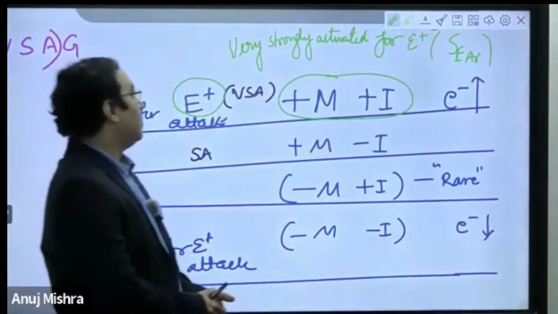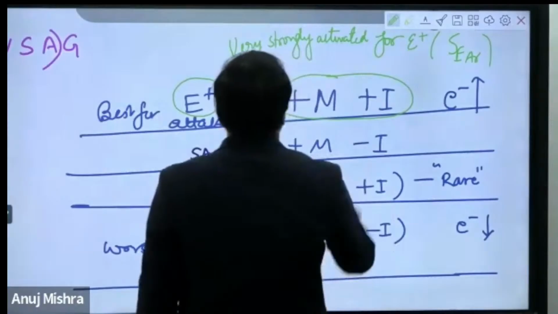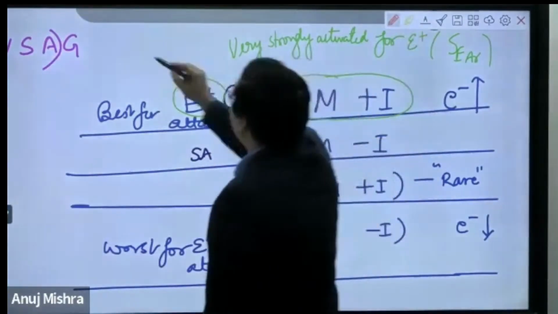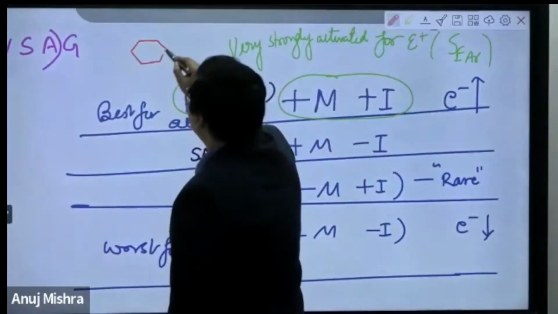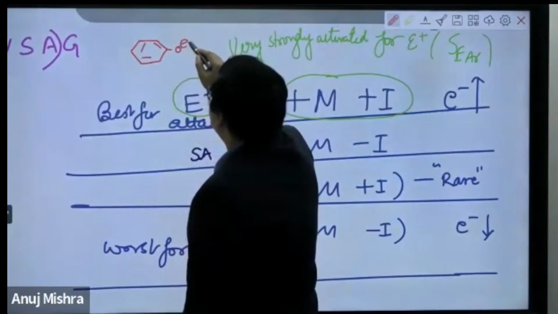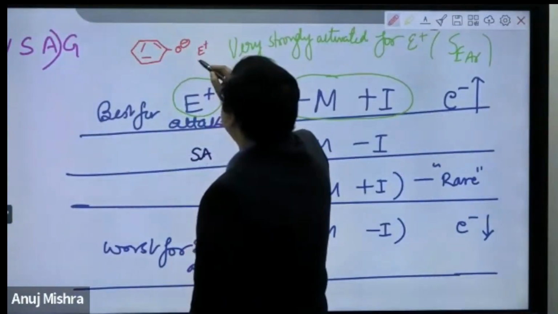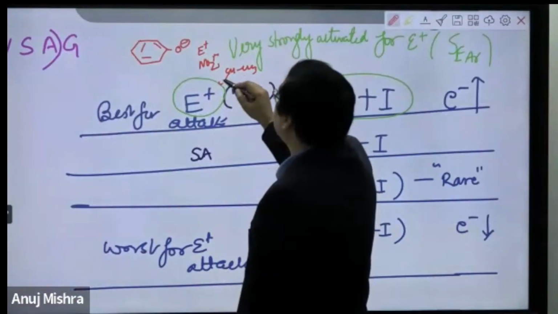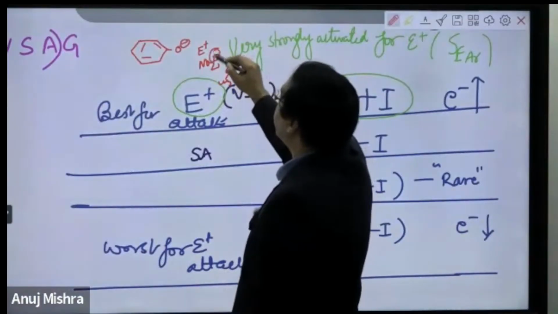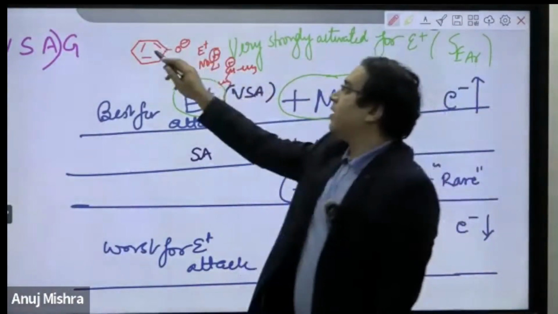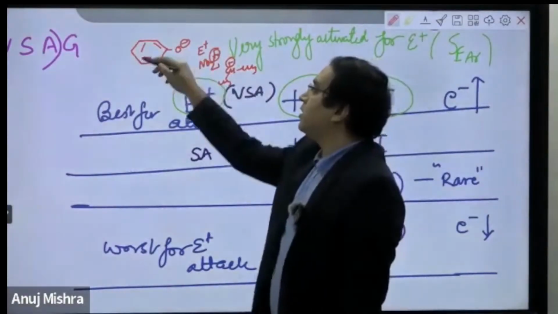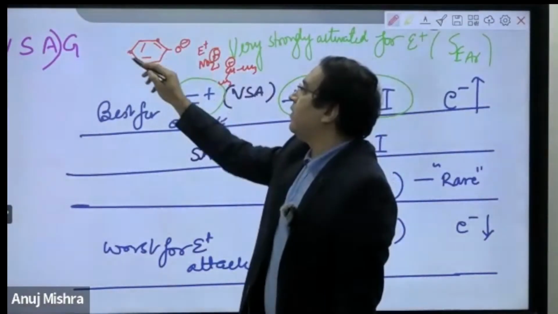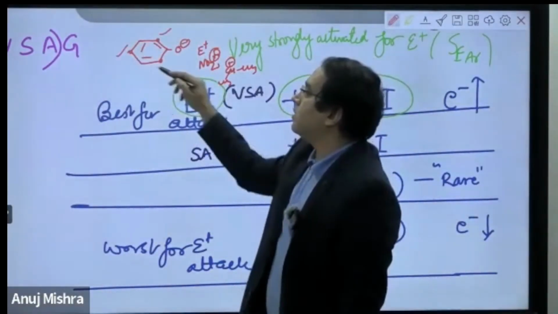Try to understand, if tomorrow somebody asks a question that you have a group like this, O negative, and you have E plus, let's say in the form of NO2 plus or CH3 plus. What is the correct placement of these groups? You'll say, fine, these groups are electrophile, this ring is rich, these positions are activated, I can place any of these three places.